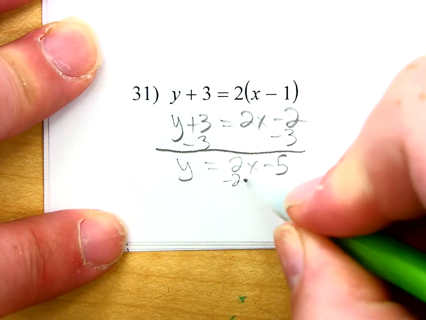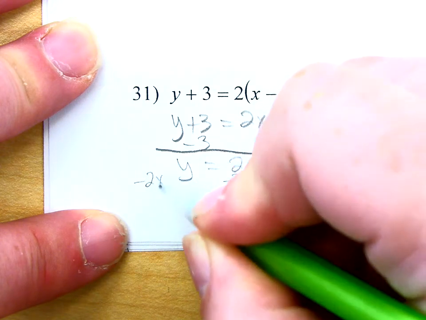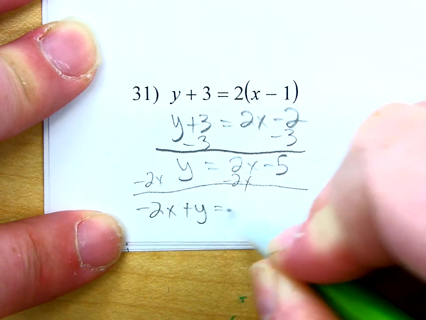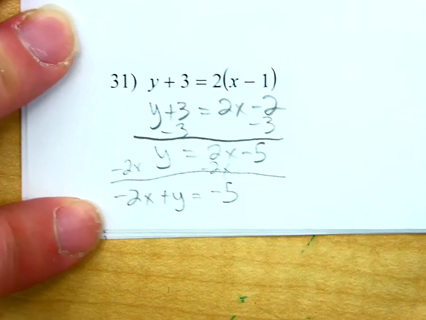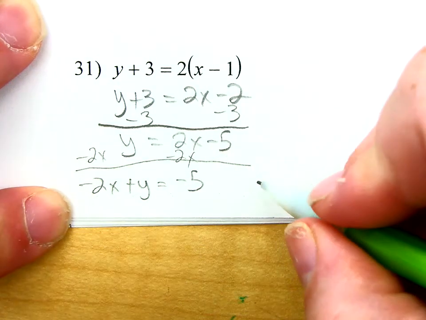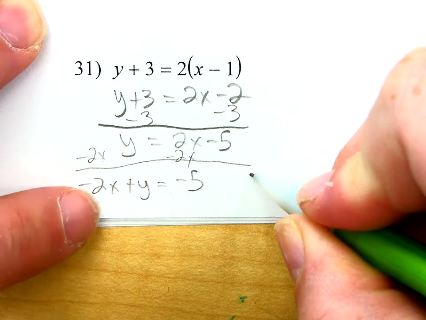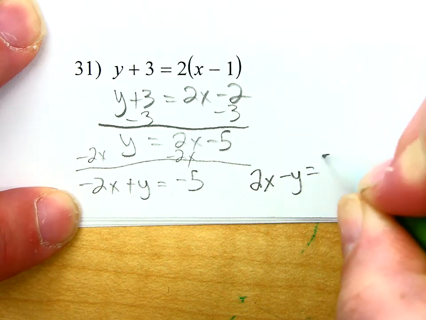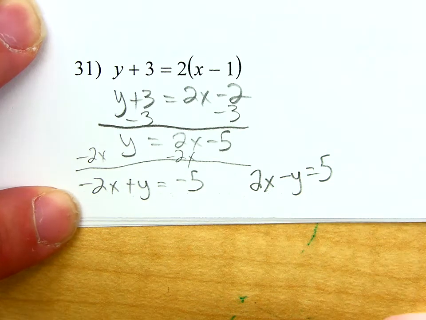Minus 2x. And you could either leave your answer like that, or you could change everybody. Since a is a negative, you can now make it 2x minus y equals positive 5. Same thing.